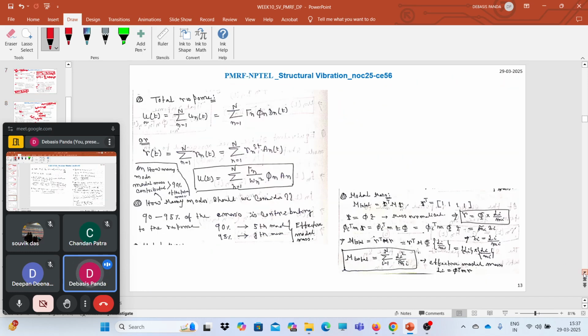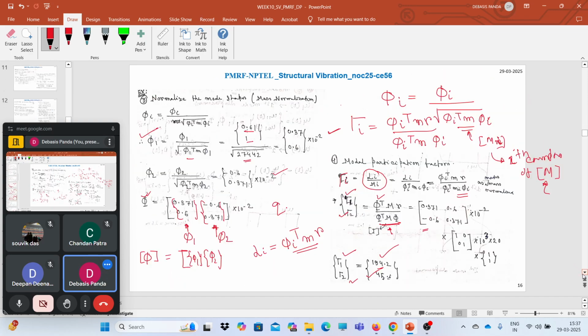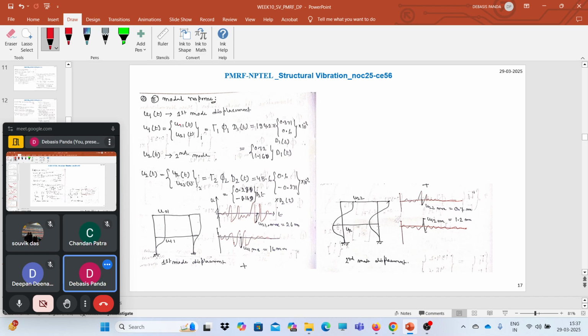So here, u1 of t means the displacement corresponding to the first degree of freedom, right?